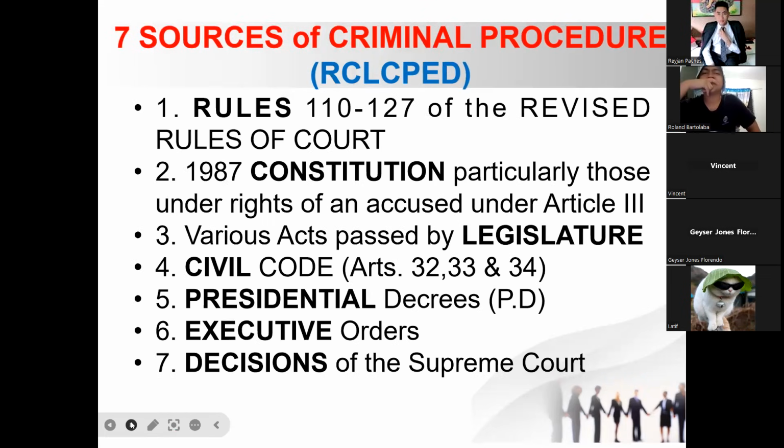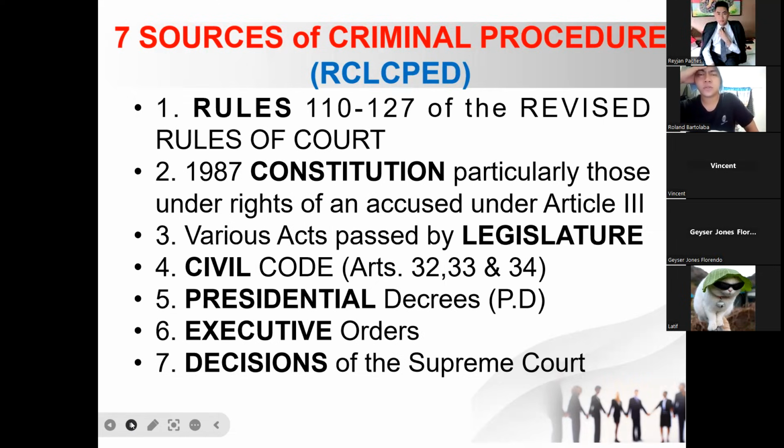Tandaan niyo, class, we have the 7 sources of criminal procedure. So number 1, that is from Rule 110 to Rule 127, class. That is what we call the revised rules of court. Then of course, the 1987 Constitution. Yan rin yung isang source of criminal procedure.